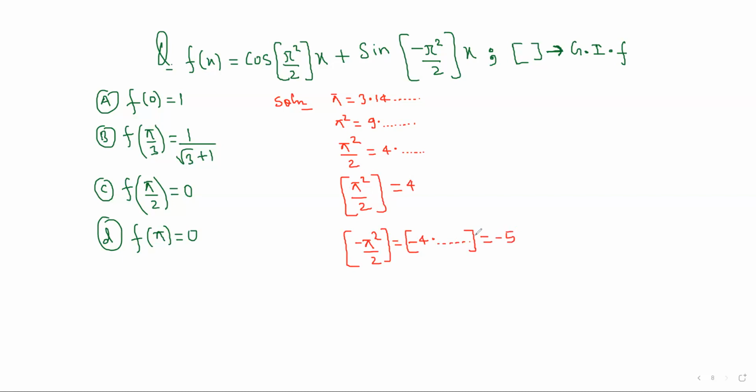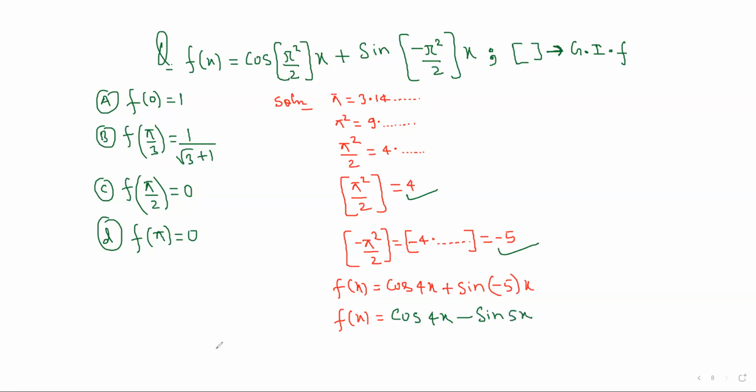So what you observe, guys, f(x) is cos 4x plus sine minus 5x, because pi square by 2 is 4 and minus pi square by 2 has GF minus 5. So this is simply cos 4x minus sine 5x.